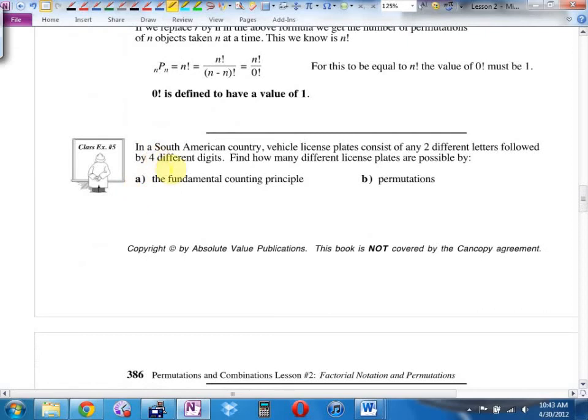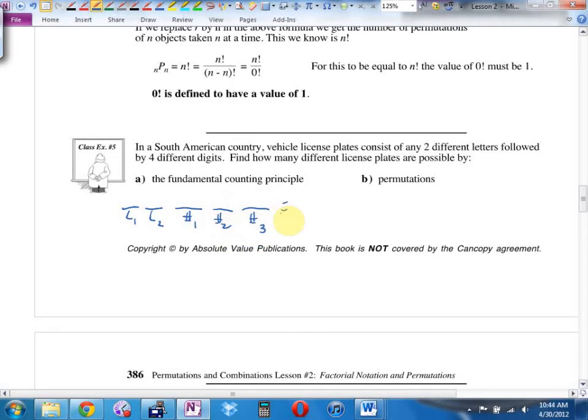Example 5. In a South American country, vehicle license plates consist of any 2 different letters followed by 4 different digits. Find how many different license plates are possible by, okay, we can use the fundamental counting principle. Letter 1, letter 2, number 1, number 2, number 3.